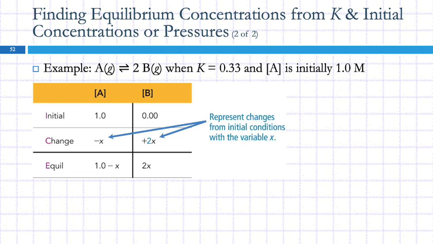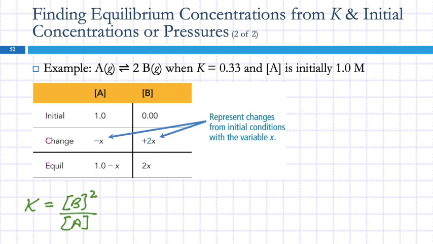So then we need the equilibrium constant expression. So K is equal to B squared over A. We know what K is, and we know what these equilibrium concentrations are in terms of x.